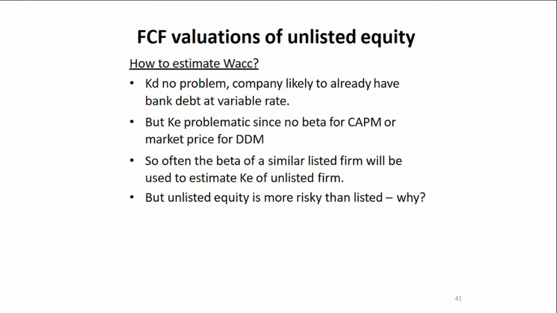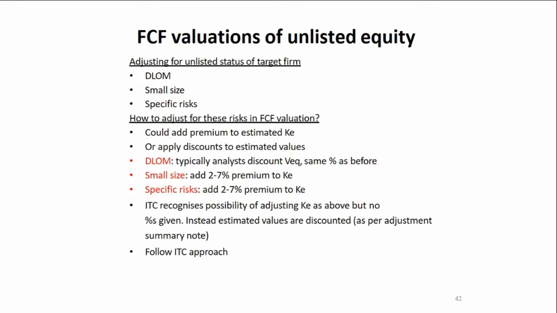So just like we made adjustments to the PE multiple method, certain adjustments can be made to the cost of equity if we are using the beta of a listed company to determine the cost of equity of an unlisted company.